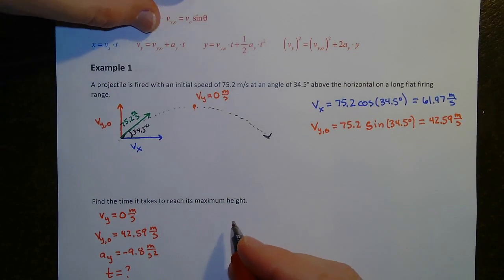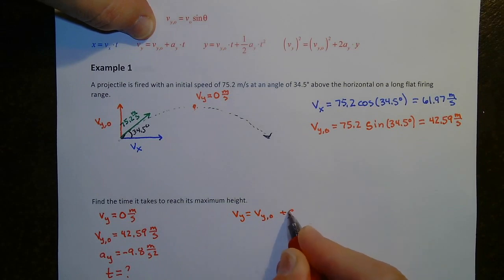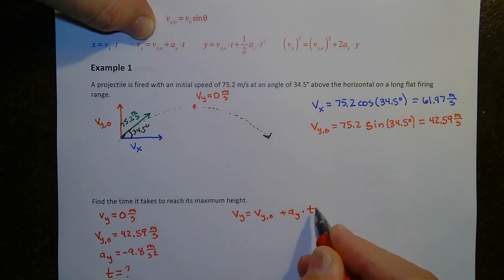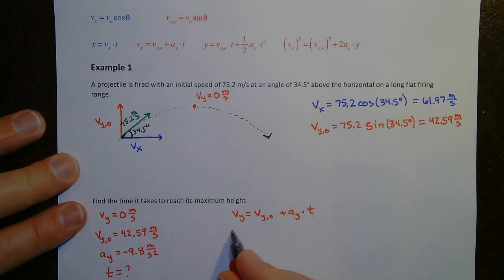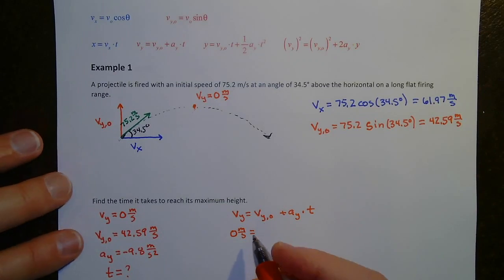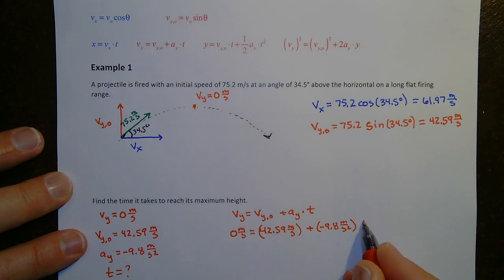Okay, so using this equation, v sub y is equal to v sub y comma o plus a sub y times t, all right, is the equation that we're going to use. V sub y, that's 0 meters per second, is equal to v sub y o, which is 42.59 meters per second. I'm going to put parentheses around that, plus the negative 9.8 meters per second squared times time.